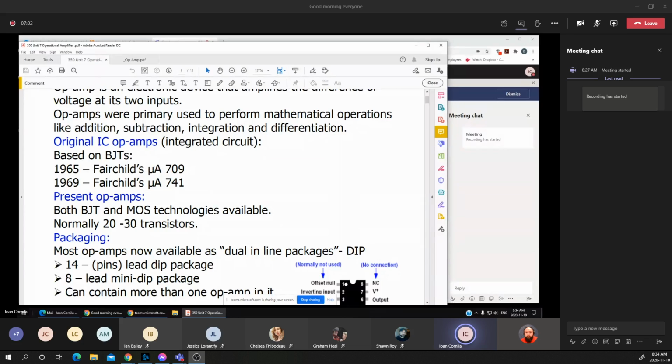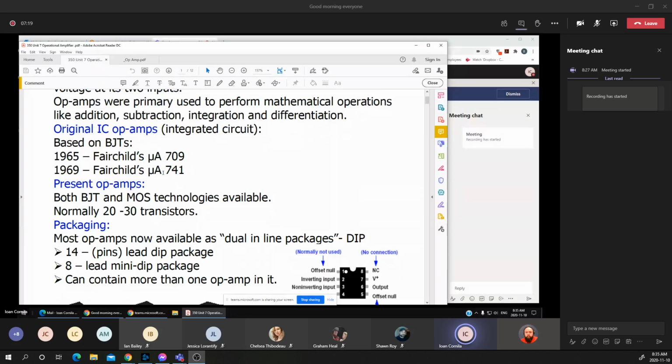We may see different symbols. The first two letters for this type of circuit are not used intensively, because a few years later they made an upgrade of the same operational amplifier, and they made the mu A741. Again, this is what we are looking for. 741 is an operational amplifier. It doesn't matter what the first two letters are.